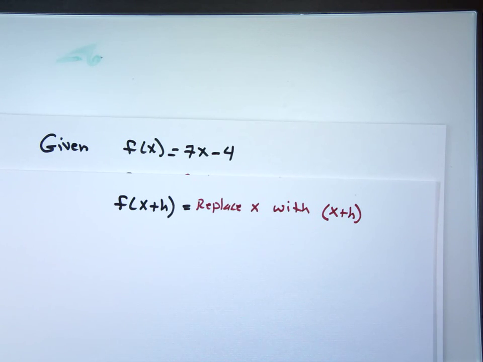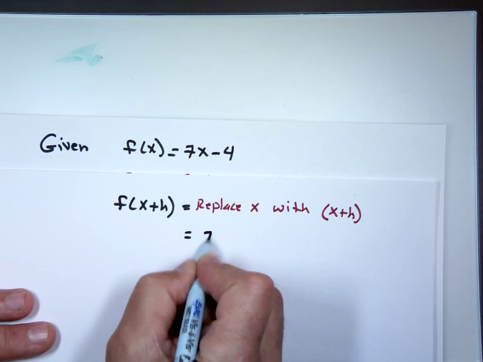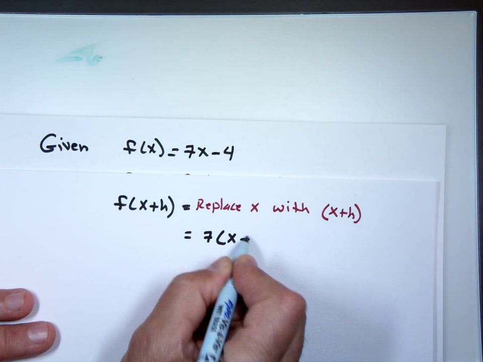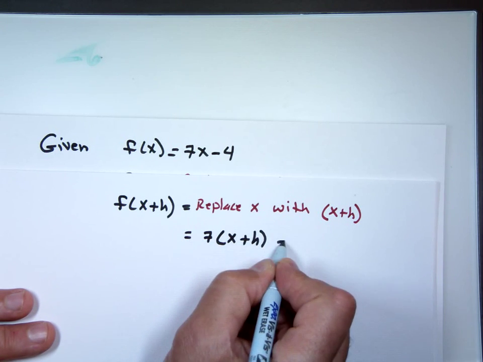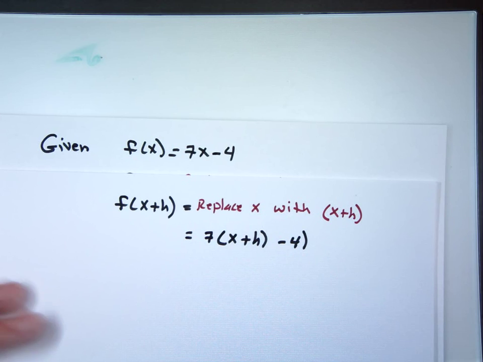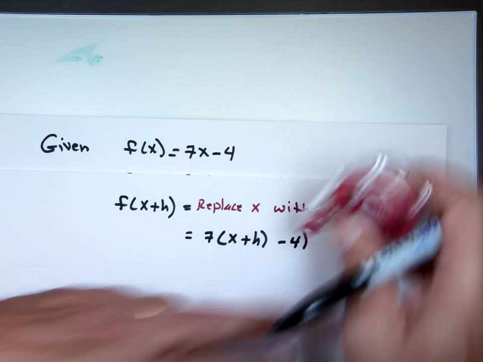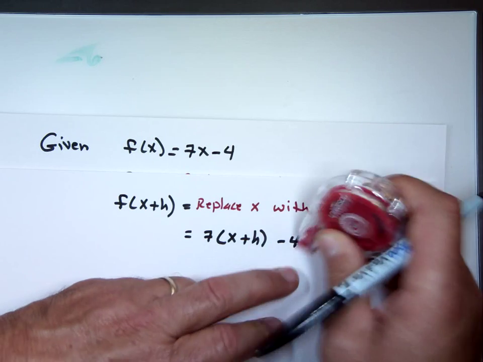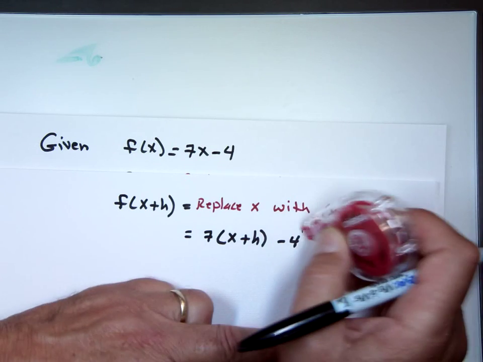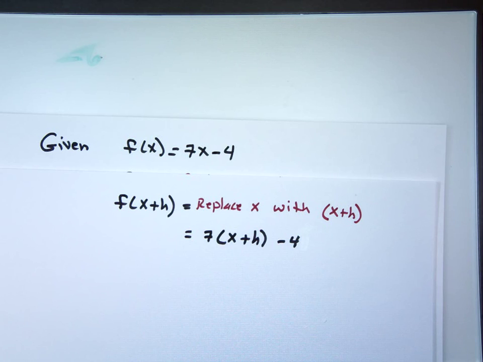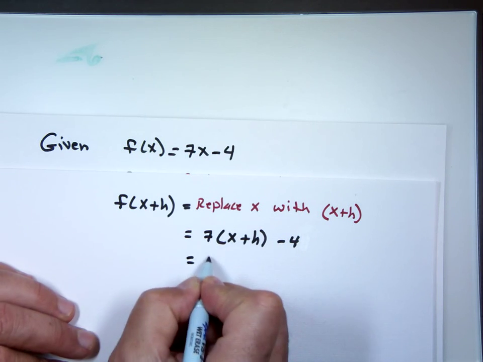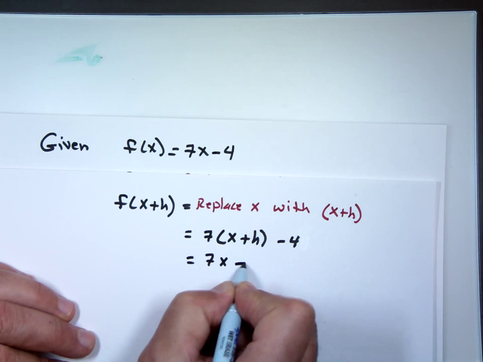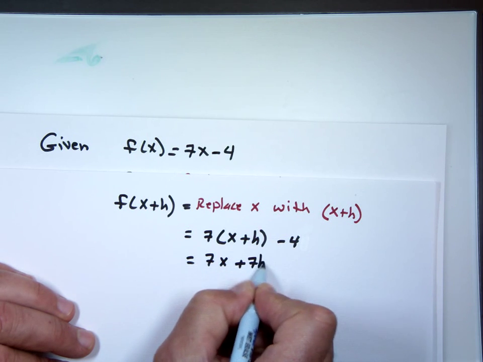In place of it, put x plus h. 7 times x plus h minus the 4. Oh, I don't know why I put parentheses. There's no parentheses there. So now, can we distribute that 7? 7x plus what? 7h minus the 4.